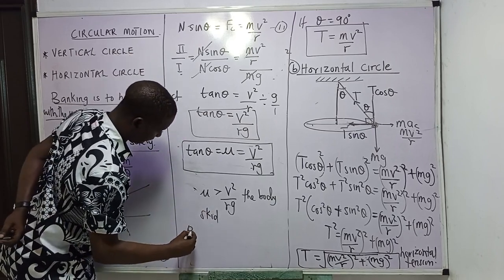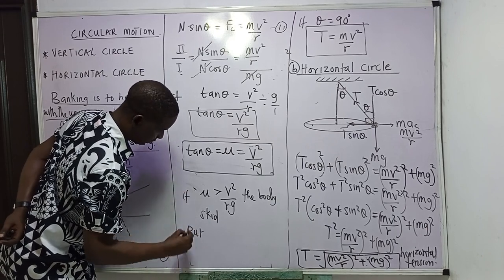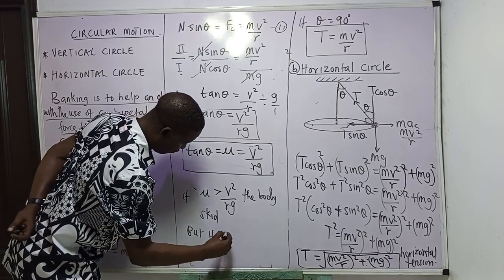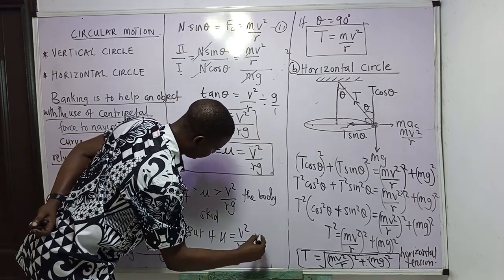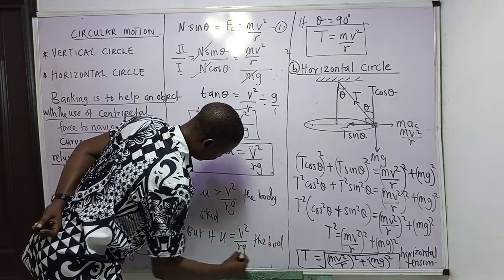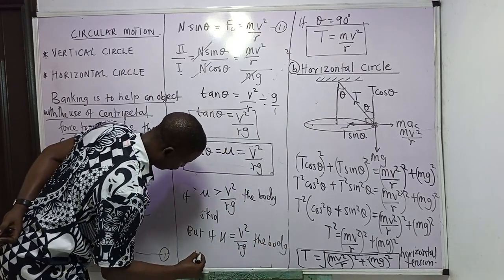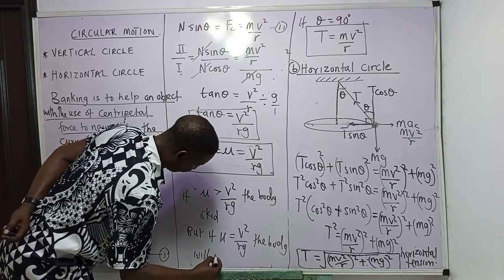But if mu is equal to v square over rg, the body, or the car, will not skid.